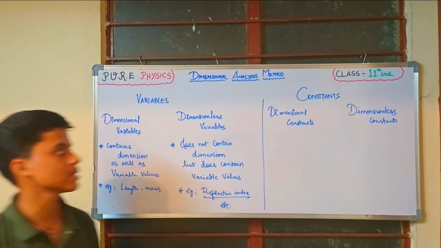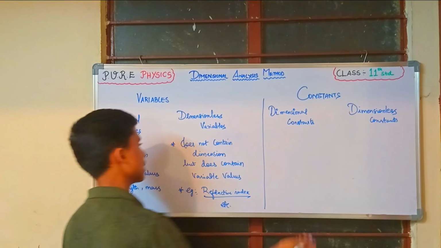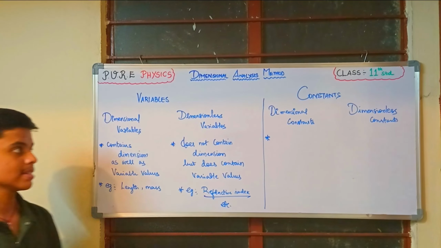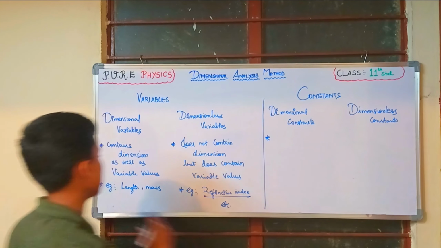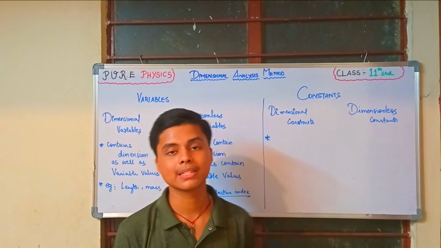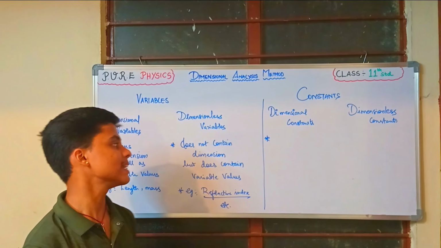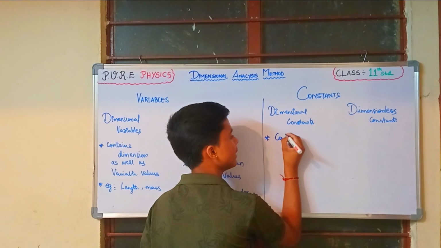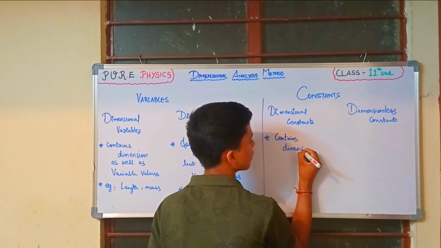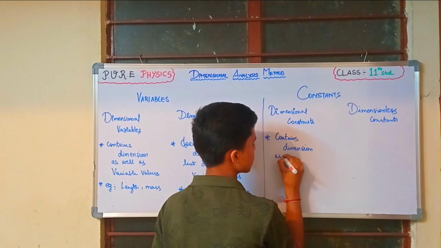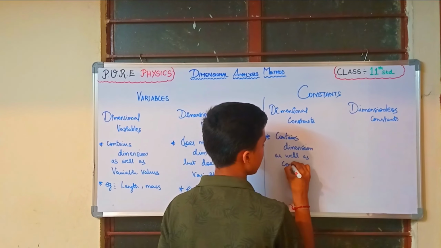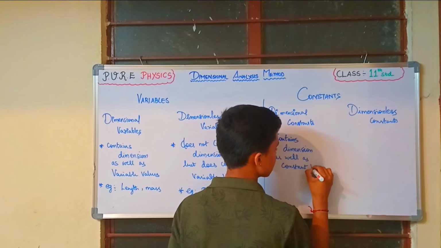Dimensional constants are physical quantities which contain constants as well as dimension, same as the definition of dimensional variable. So dimensional constants are physical quantities which contain dimension as well as constant values.